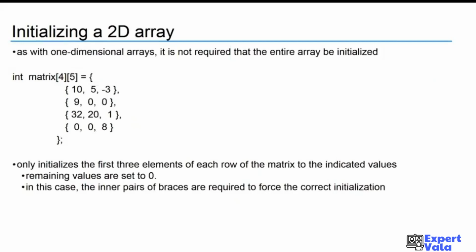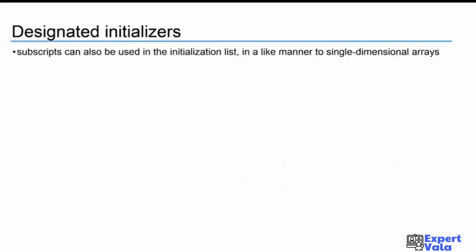So it would initialize all the elements in the first row, all the elements in the second row, and then the first 2 elements in the third row, and the rest of the elements in the third row and the fourth row would be 0. Again, this is a two-dimensional array of 4 rows and 5 columns. It would just do them consecutively. Don't forget the braces if you only want to specify certain initialization elements.